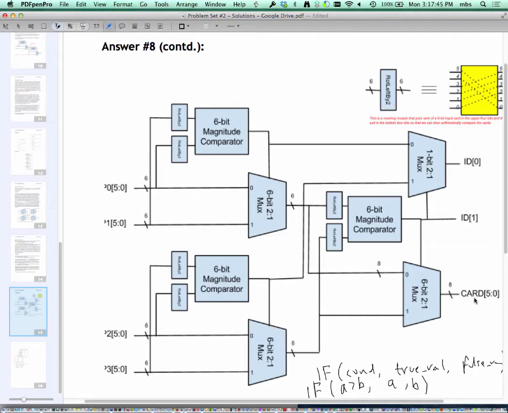So again, when faced with these kinds of problems, you have to first think about it, come up with a strategy, and then say, look, these are the functions I need to implement, and then go around doing it. And your friends are things like muxes and magnitude comparators. It's like you're writing a program. This thing is nothing but saying, if something, select this, otherwise select that.